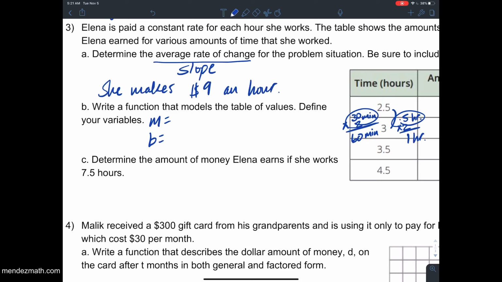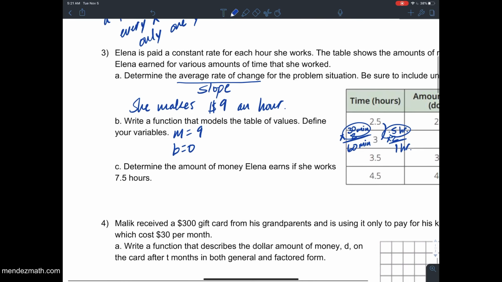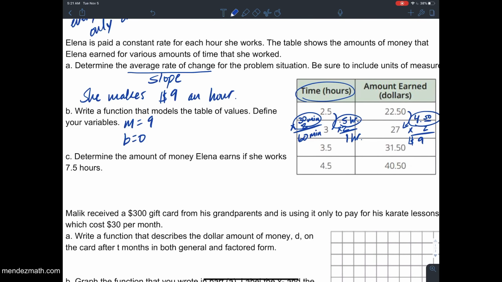We know our slope is our rate of change, which we already got in the previous problem. It's $9. Y-intercept: if she works 0 hours, she makes $0. Okay? And again, this is all based off of time being our x and amount earned being y.